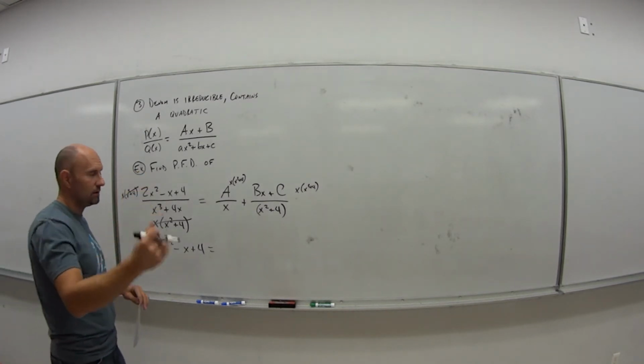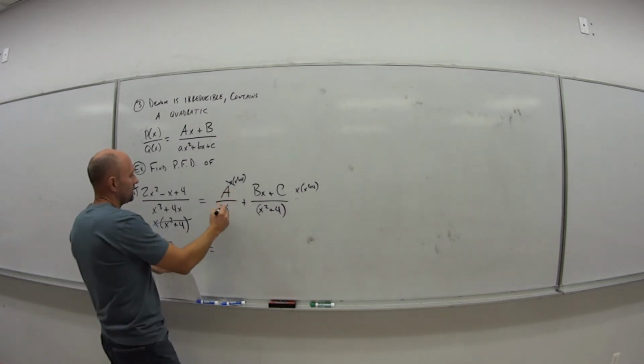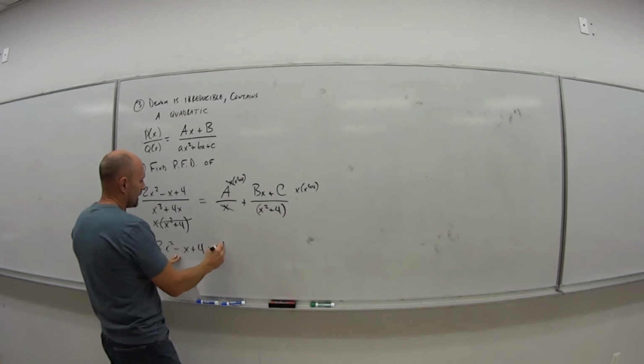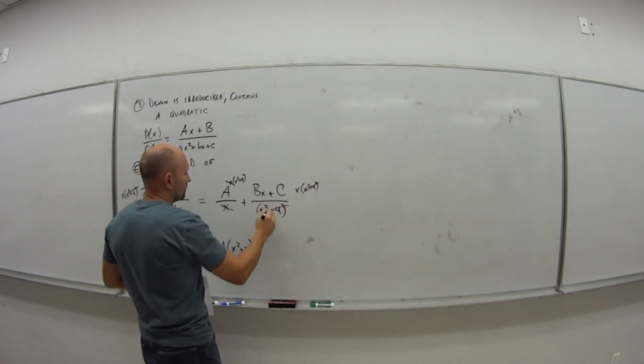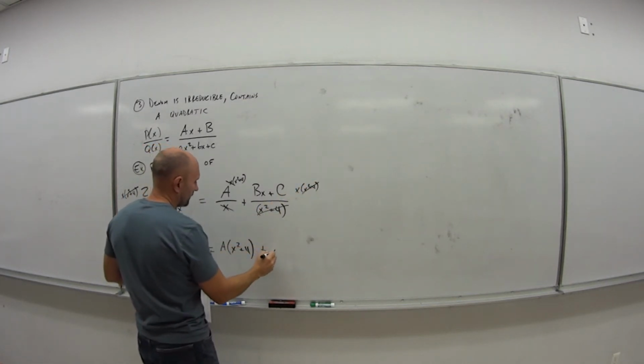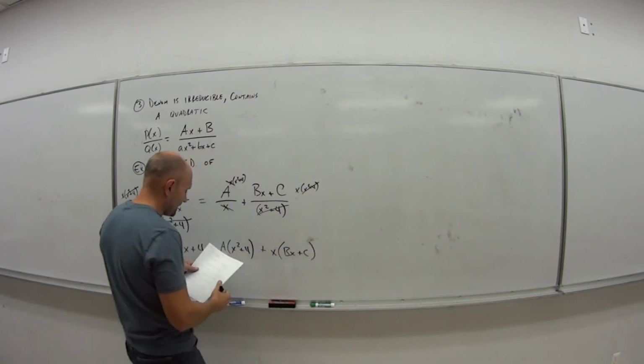If it doesn't, you don't have something written right. Here, the x pieces cancel out, so I get a times x squared plus 4. And here the x squared plus 4's cancel out, so I get plus x times bx plus c.